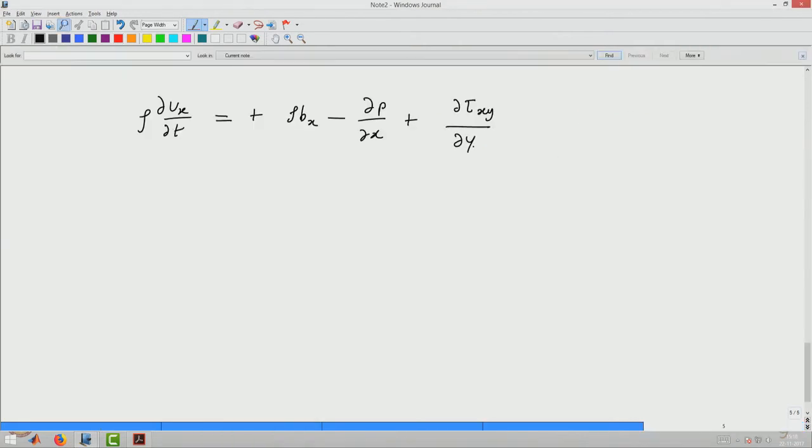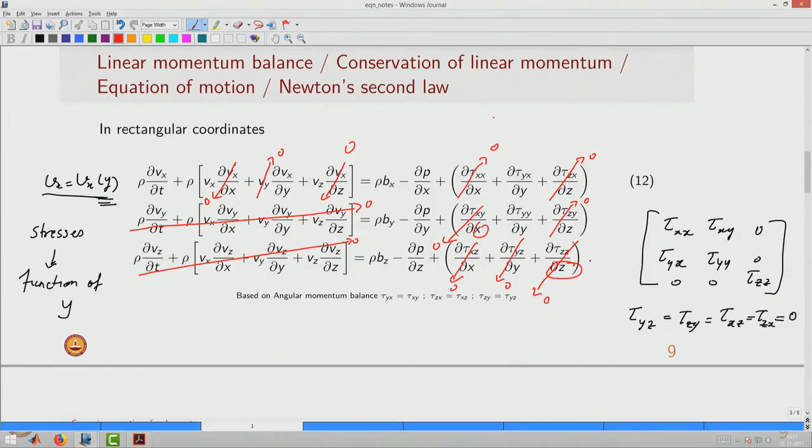We know that the stress tensor is symmetric, but just to be consistent with our other sets of notes, we will continue to use tau yx. So, these are the only 3 terms which are possible on the right hand side when we are looking at simple shear flow between parallel plates.